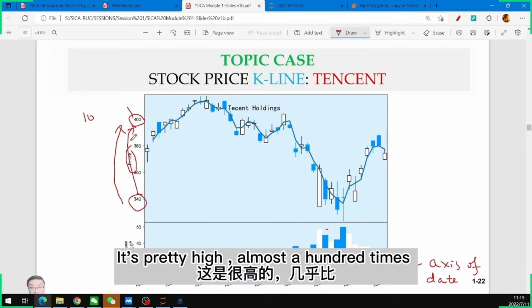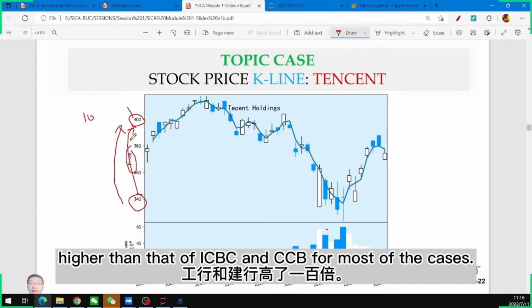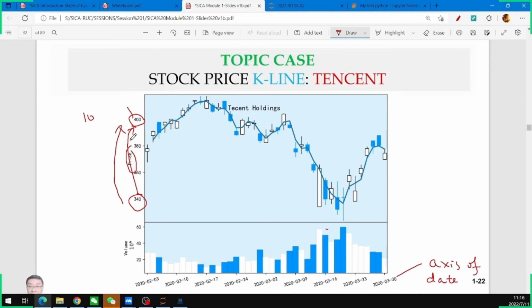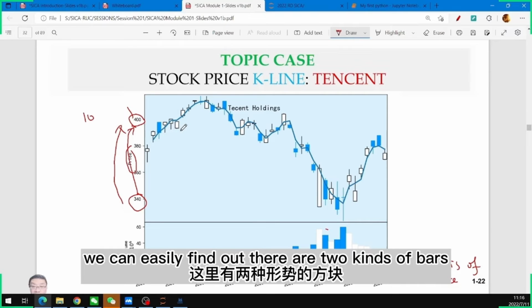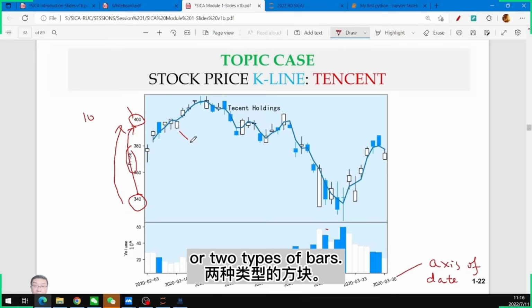It's pretty high, almost 100 times higher than that of ICBC and CCB for most of the cases. And then in the chart, we can easily find there are two types of bars.